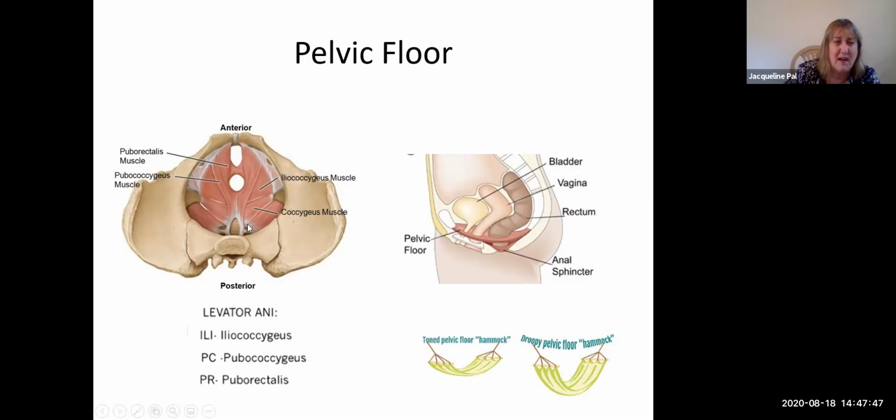So we talked about the levator ani being this sling. This muscle is actually 3 different muscles whose names we're not going to bother learning. And so we have this hammock, which normally holds everything up, but due to the pressures and the pushing with childbirth, and especially the more babies you have, you get a droopy hammock underneath. And physical therapy now has been developed for these muscles as well, and has been very successful.